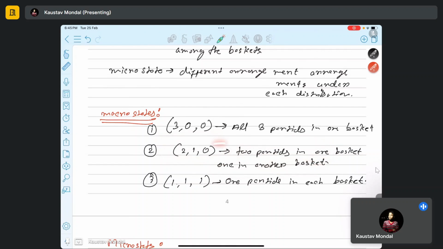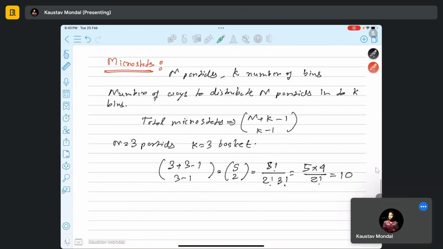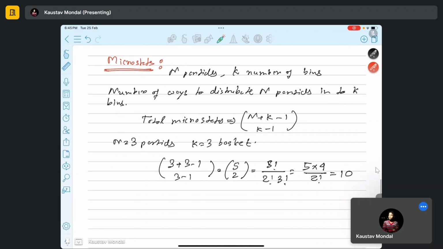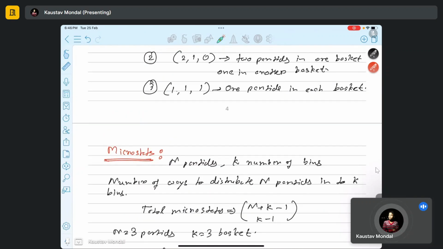And the third macrostate is 1 particle in each basket, 1 1 1. So the total number of macrostates will be simply 3, and now we have to calculate the microstates.